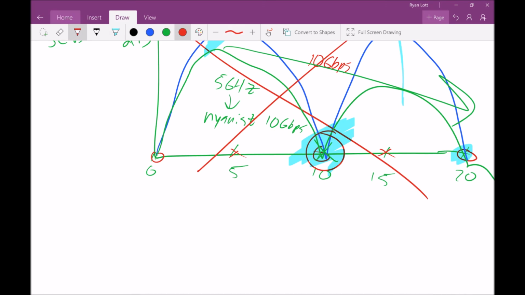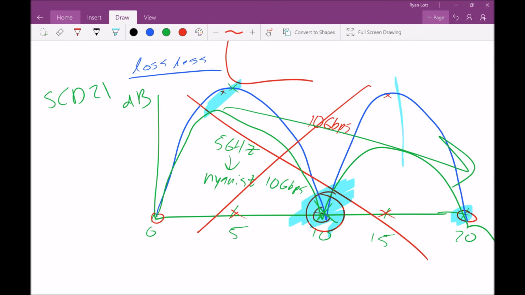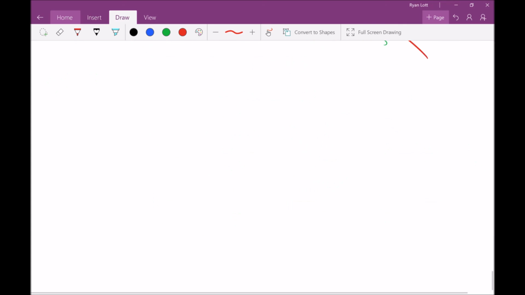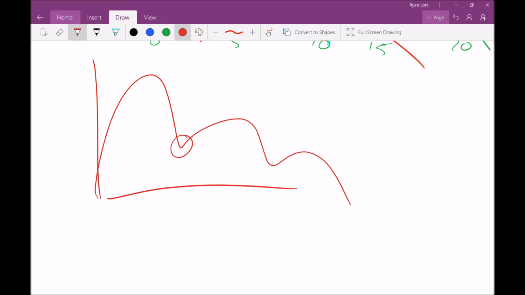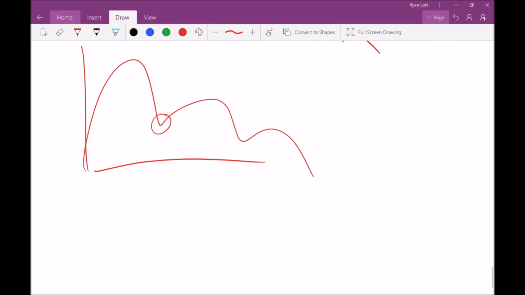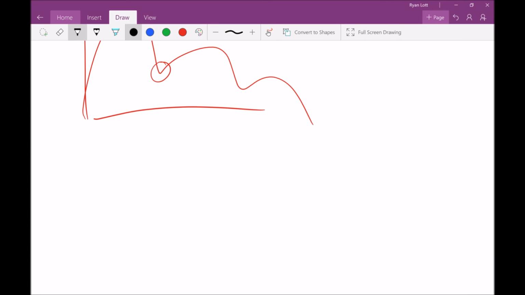I can measure a differential channel on a VNA and plot the SCD21, and if I get a mode conversion plot that looks like this, let's say it's a PCB trace, instead of going to my time domain instrument and measuring skew, I can go to this very first null point and determine my skew from that. So in a nutshell, I just wanted to share this information with you guys.